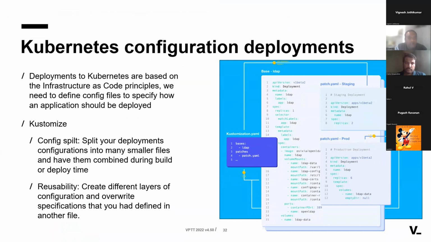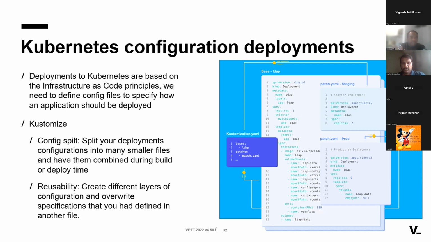Kubernetes also follows the infrastructure as code principle, which means the infrastructure can be handled with the help of these YAML files. We somehow need a mechanism where we can combine all these YAML definitions into one file, and that file can be deployed to Kubernetes.